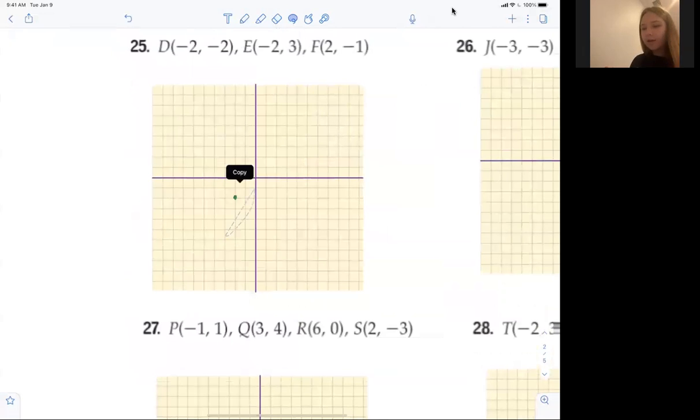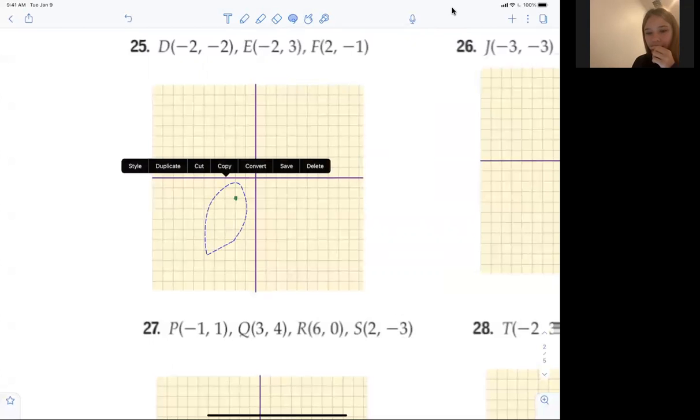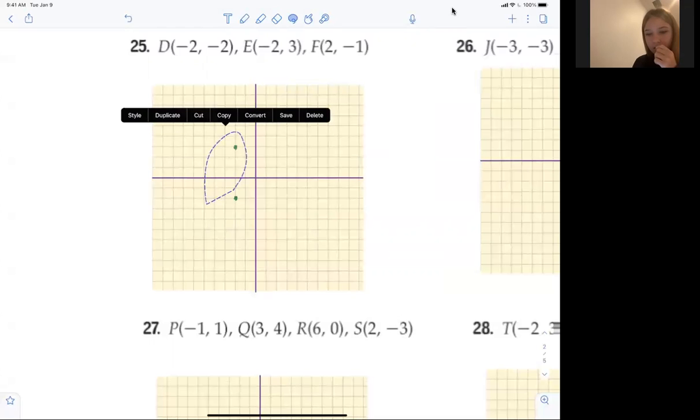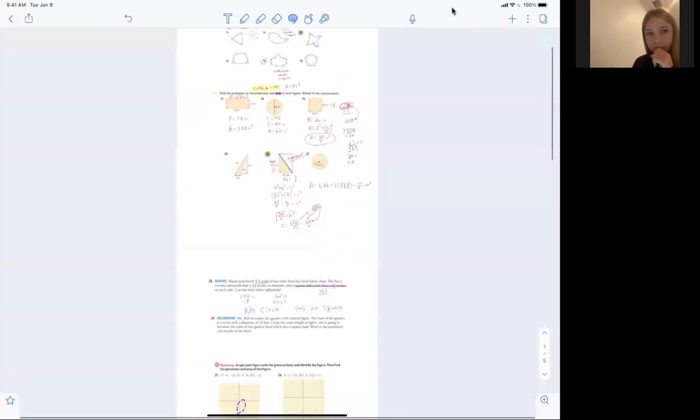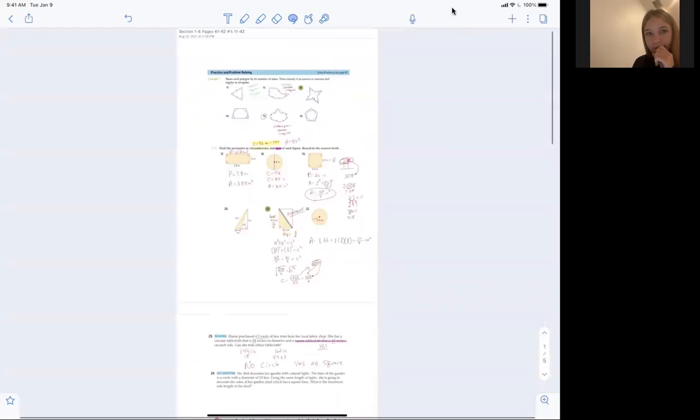I can't find that page in the book. I don't know what you mean. What page in the book did you find those problems on? Yeah, these problems are at the top of the page, 61 and 62, 11 through 42.